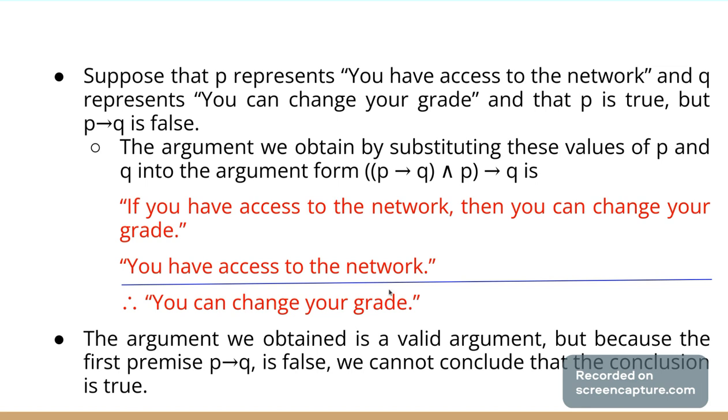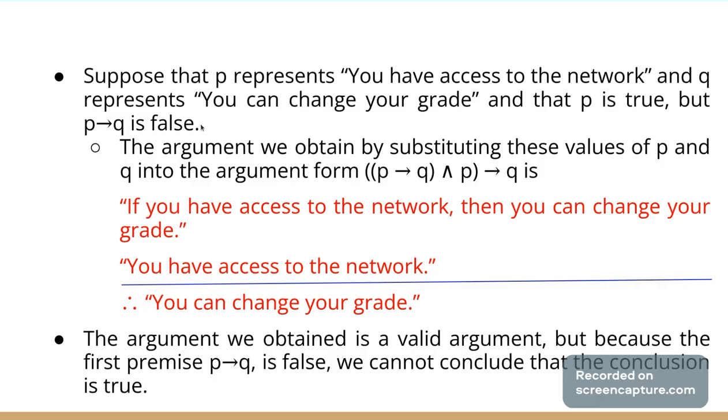Now let's look at an example where the form is the one we saw earlier, but both premises are not true. Suppose that P represents "you have access to the network" and Q represents "you can change your grade," and that P is true, but P implies Q is false.